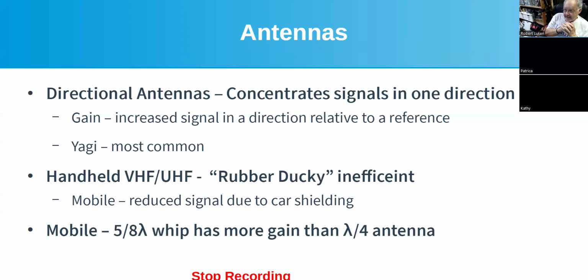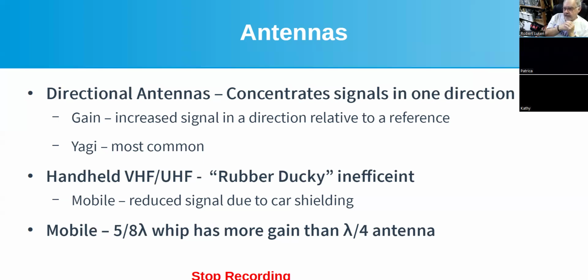So it's a very inefficient antenna, but it's done that way so it's hard to break it. You can get a replacement whip antenna that's 18, 19 inches long, which gets it closer to a quarter wave for UHF, which works a lot better, but it's a little bit of a pain with that long whip sticking up.